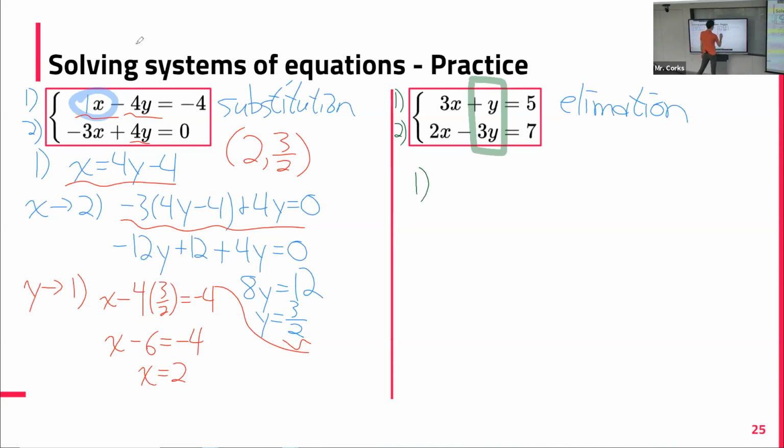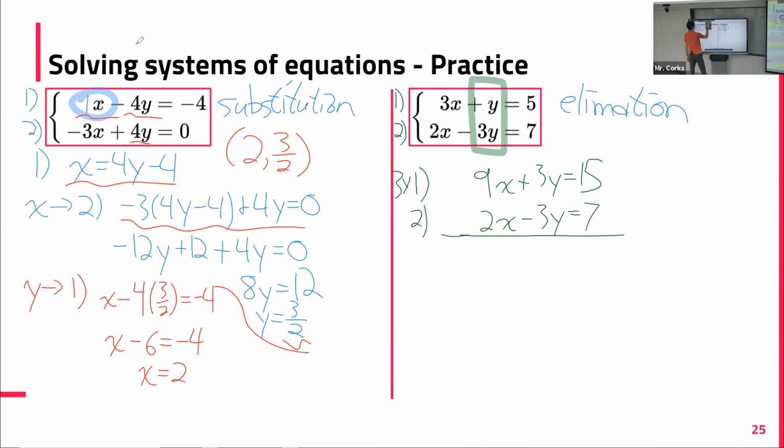So equation 1 times what? 3. Okay, so 3 times equation 1, which will give us 9x plus 3y equals 15. And then equation 2, don't need to multiply. 2x minus 3y equals 7. Are we adding or subtracting these? Adding.